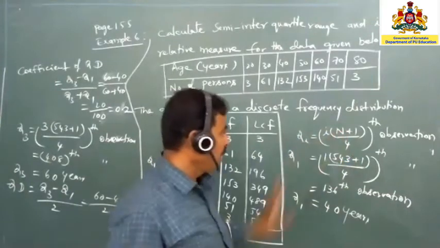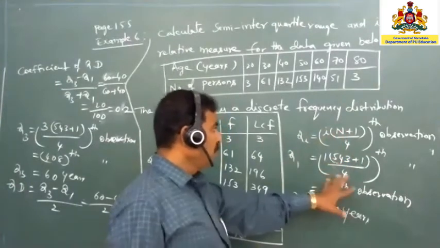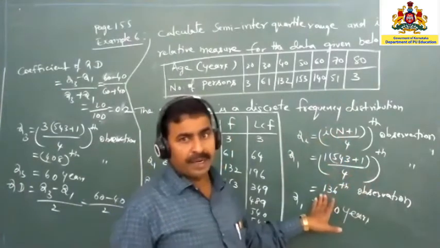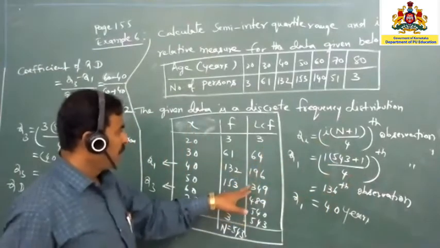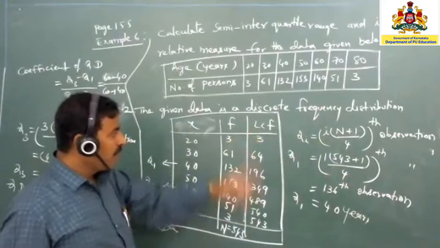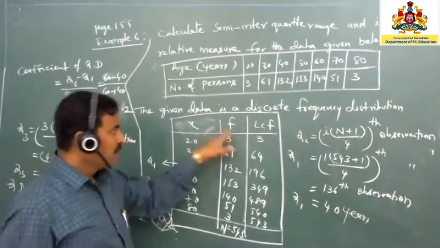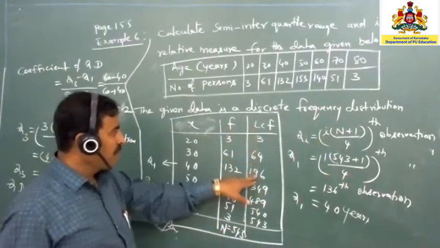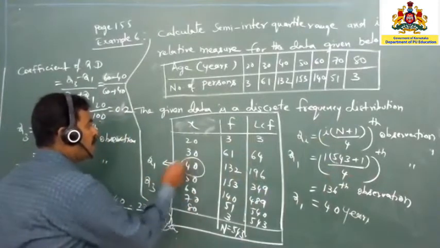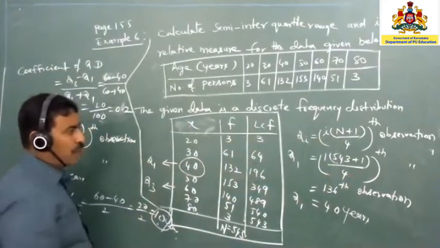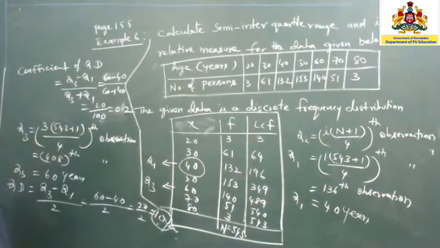In place of capital N, I have substituted the value. By simplification you get the 136th observation. To identify the 136th observation, see the LCF column. It lies in 196, corresponding value 40. So Q1 is 40 years.